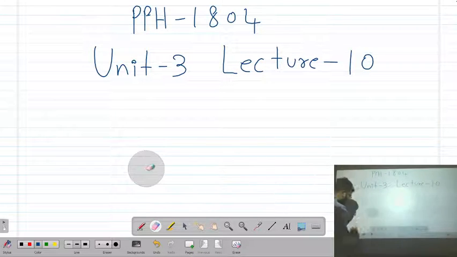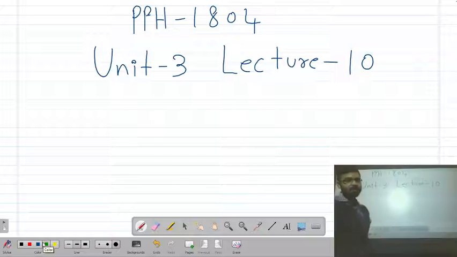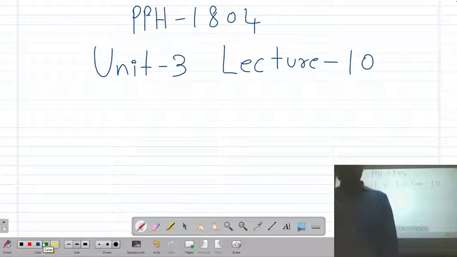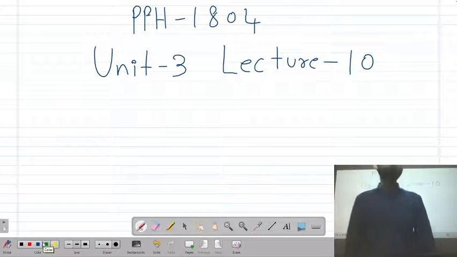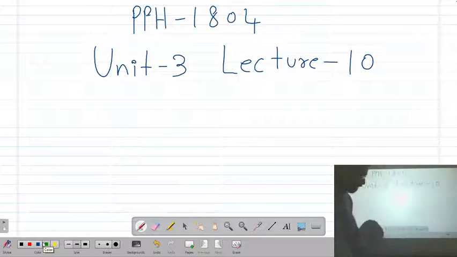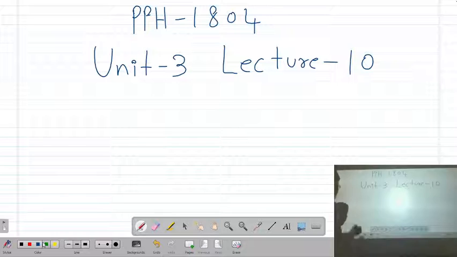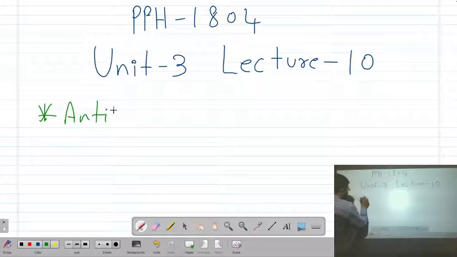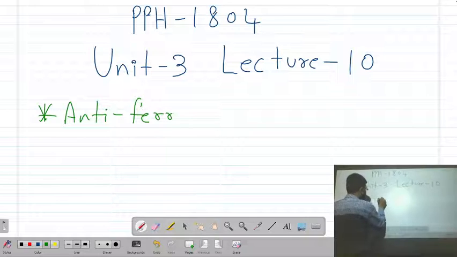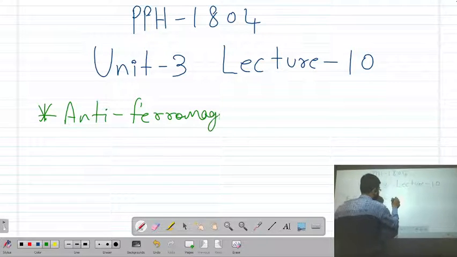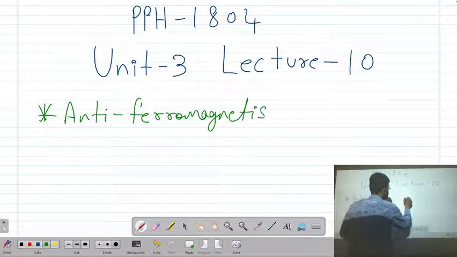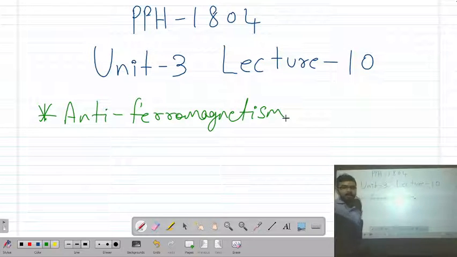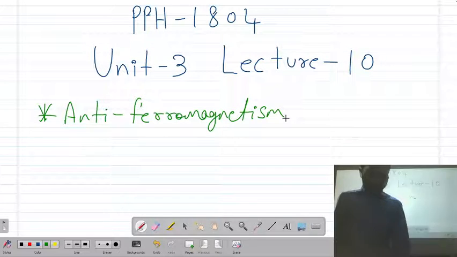Today we will start antiferromagnetism, and see what antiferromagnetism is.